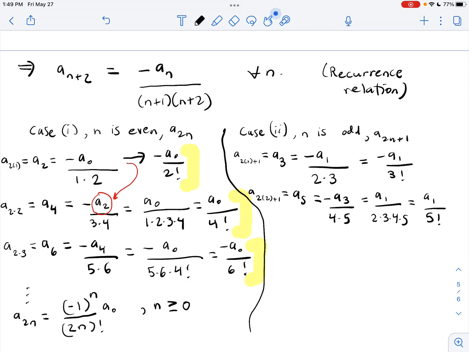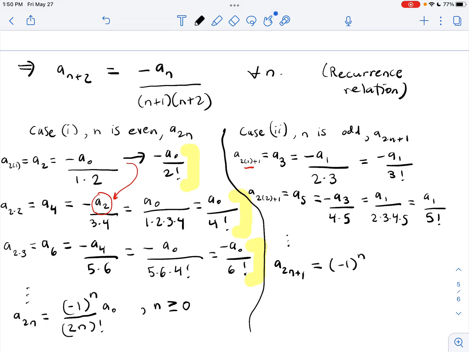And the same pattern is going to continue, which means that we can write down the odd case. A2n plus 1 is going to equal, now again, same idea as before. We have a1 here, the first term is negative, and we're alternating signs, and so this is going to be negative 1 to the n again.